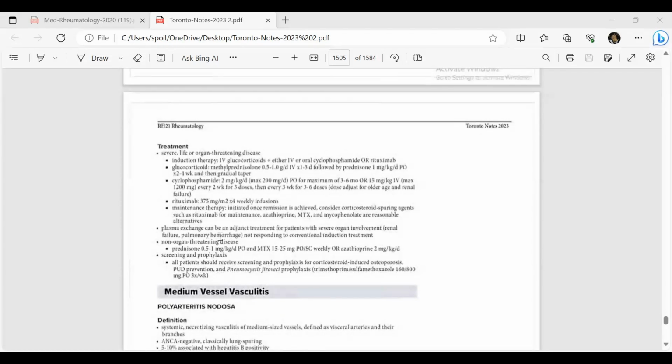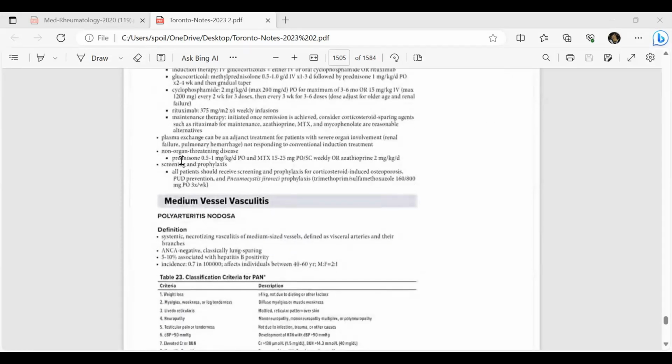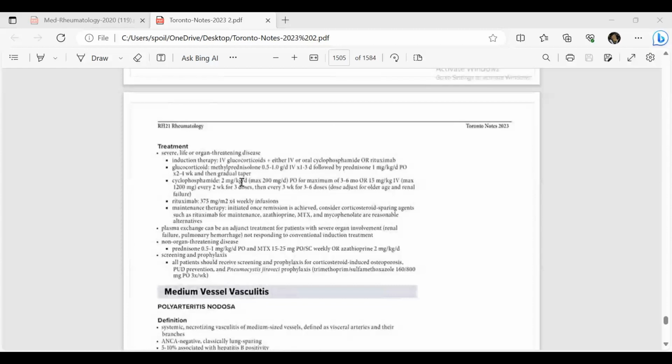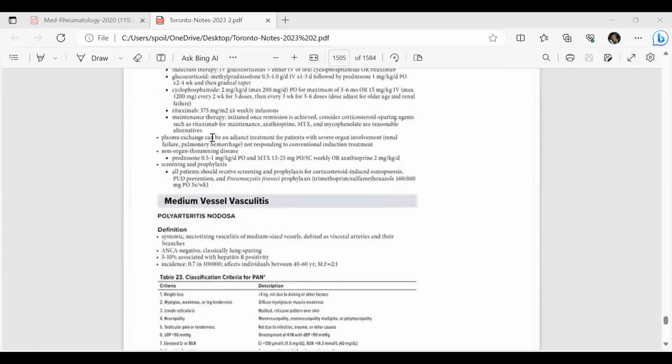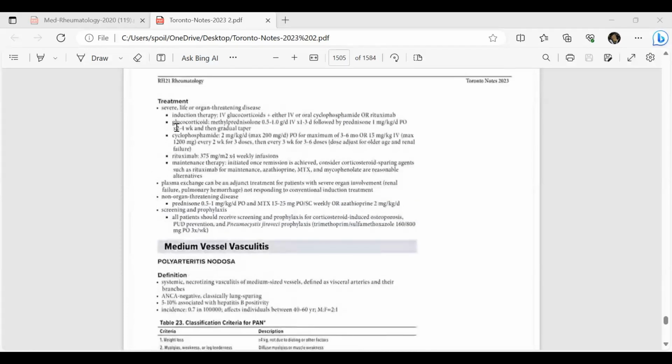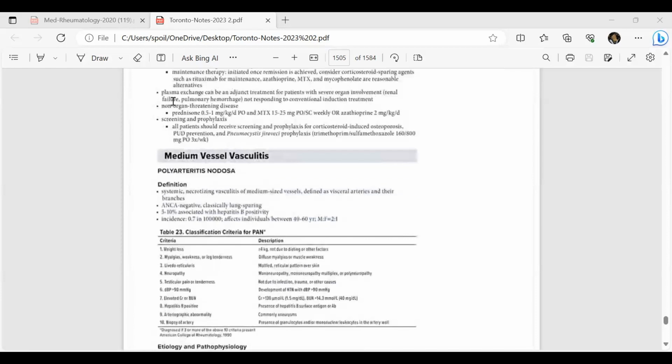Azathioprine, methotrexate, and mycophenolate are reasonable alternatives to rituximab, and plasma exchange is for severe life-threatening organ disease. We give glucocorticoids, then rituximab, and maintenance therapy is also done with this. If it is not suiting someone, then we will change the drugs, and then it is plasma exchange. After that, if there is no organ involvement, then it is only prednisolone or azathioprine.